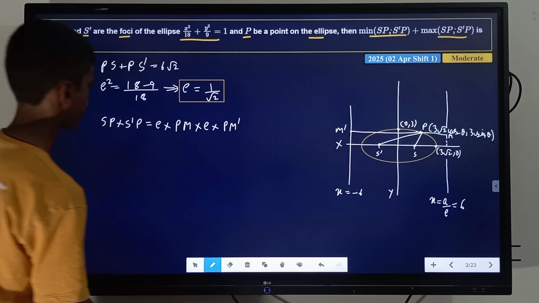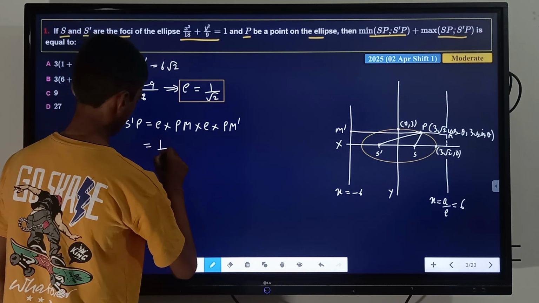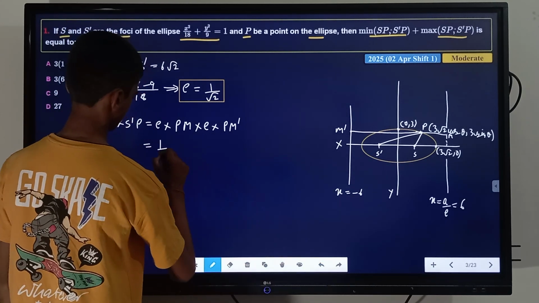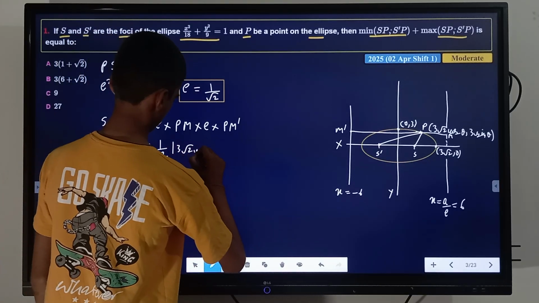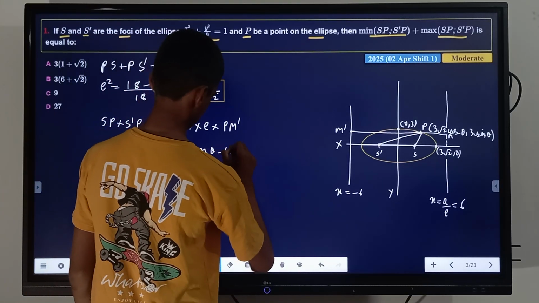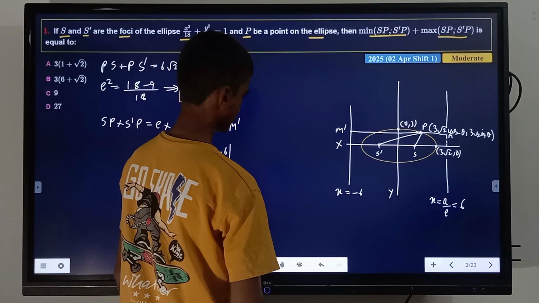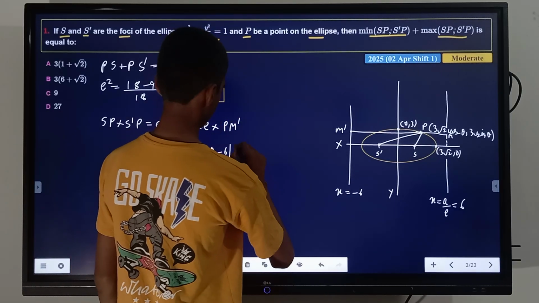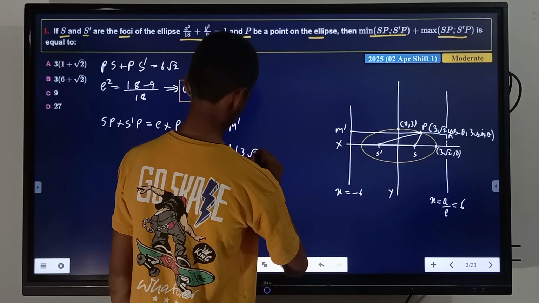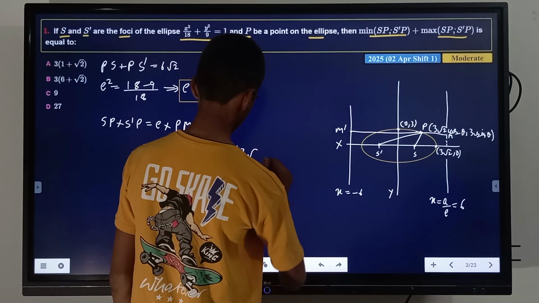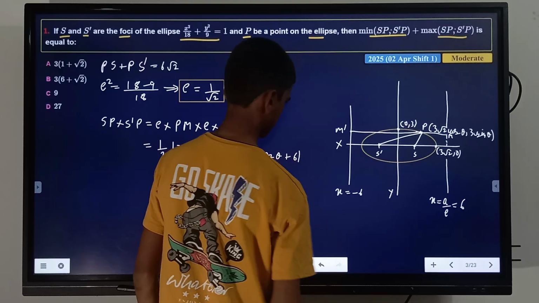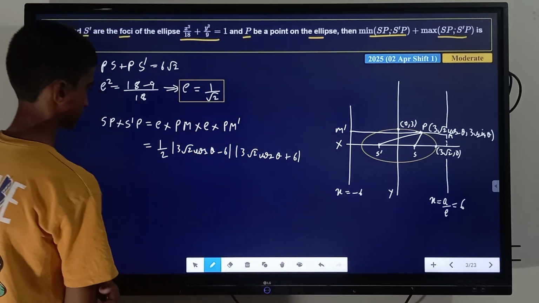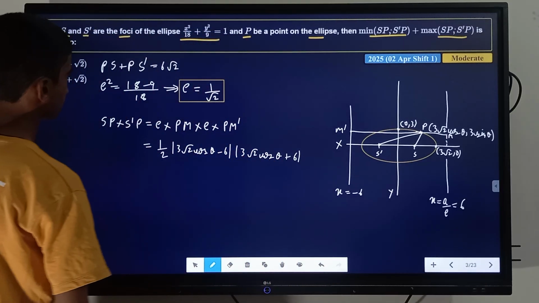Now we have e square is 1 upon 2. PM is 3 root 2 cos theta minus 6, and PM dash is 3 root 2 cos theta plus 6.